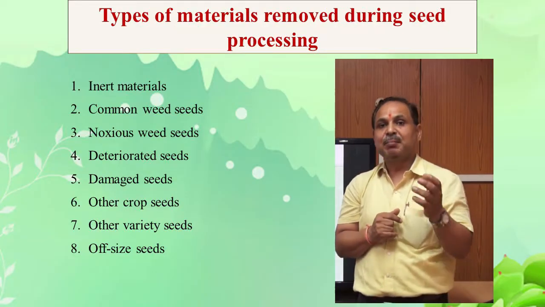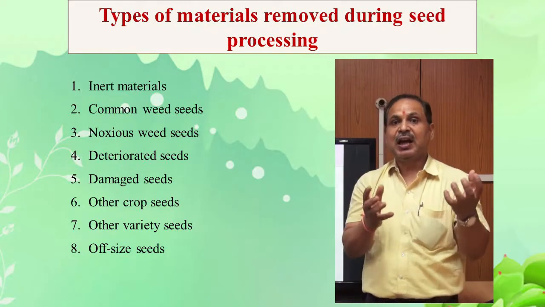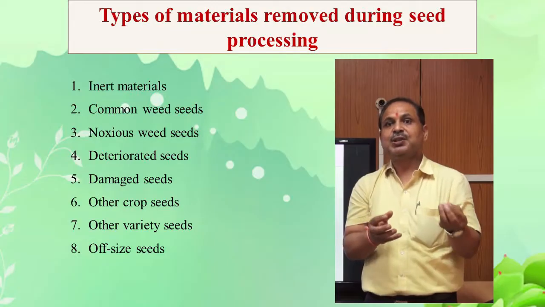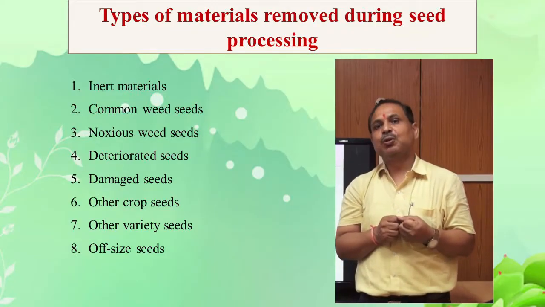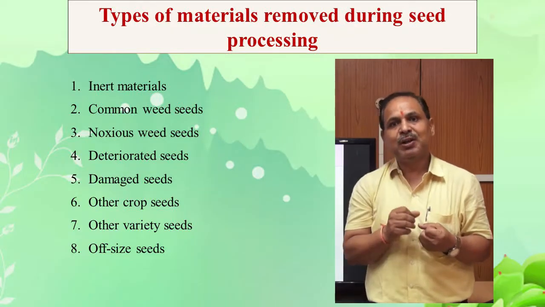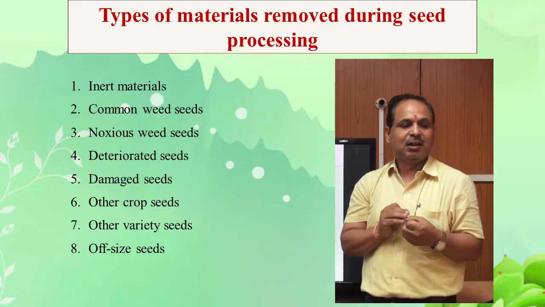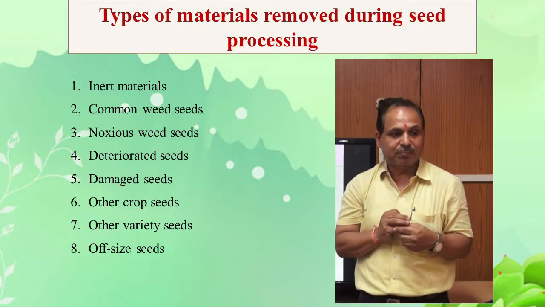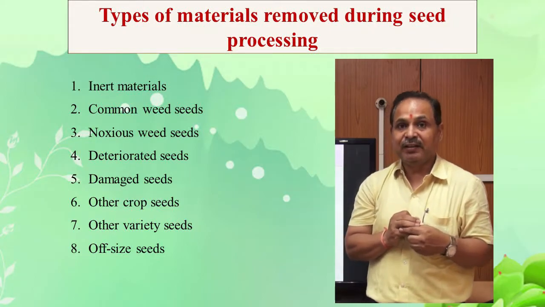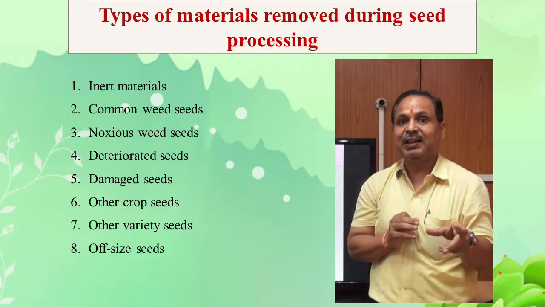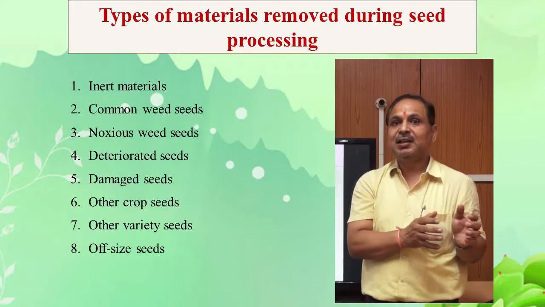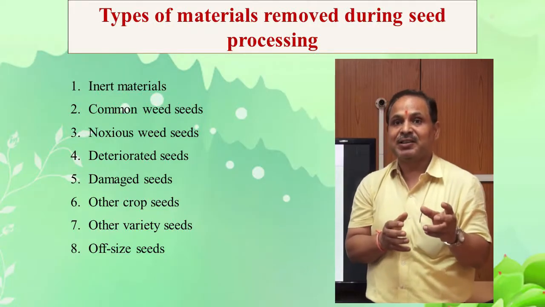Other crop seeds means if the seed lot has seeds which are not associated with this seed crop, during processing we must separate these seeds of different crops. Other variety seeds, even the seed of a different variety should also be separated by physical appearance.